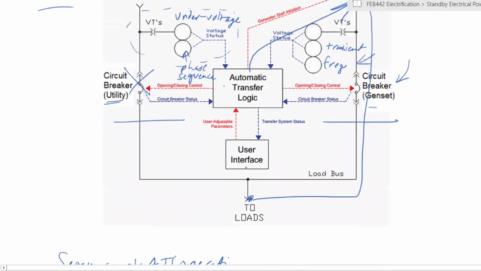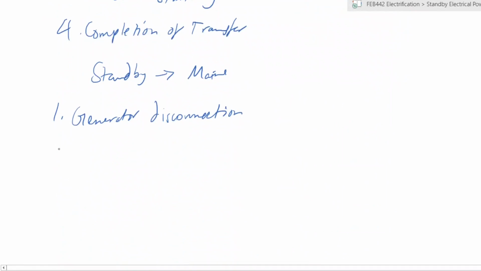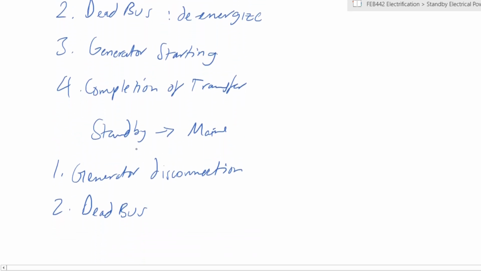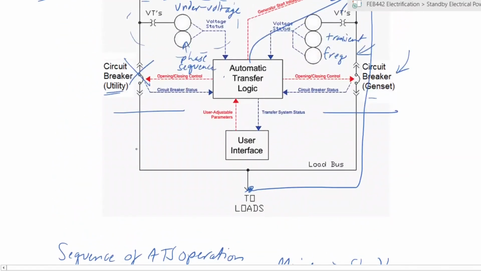Once you have the generator disconnected, you then follow the sequence that we had said before. You then need to have dead bus, whereby you give a time delay to allow any circulating currents to de-energize from the loads. At this point, we have your circuit breakers on both sides being open.